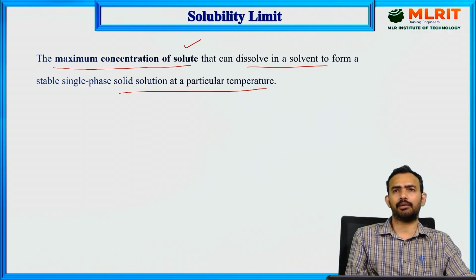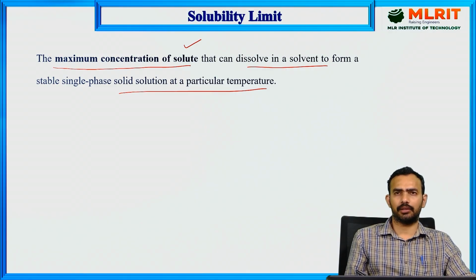If you take the example of sugar and water, there is a certain limit to how much sugar can be added to the water. Beyond that limit, the sugar cannot dissolve in the water. So there is a solubility limit. There is unlimited solubility also.